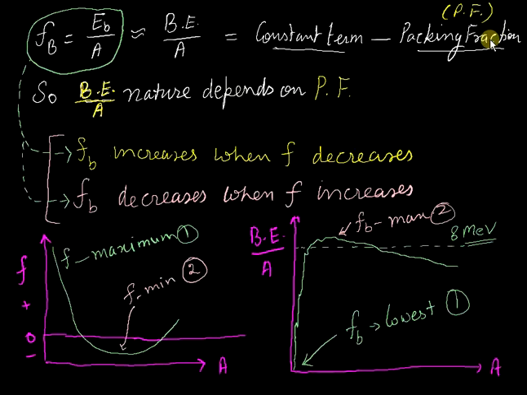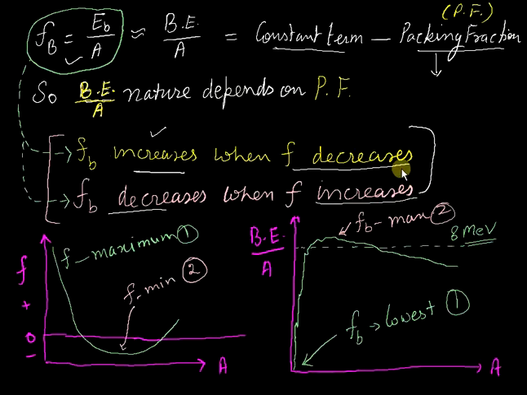So now from the formula, FB increases when F decreases. If the value of the packing fraction is decreasing, then FB will increase. FB decreases when F increases. So both are vice versa.